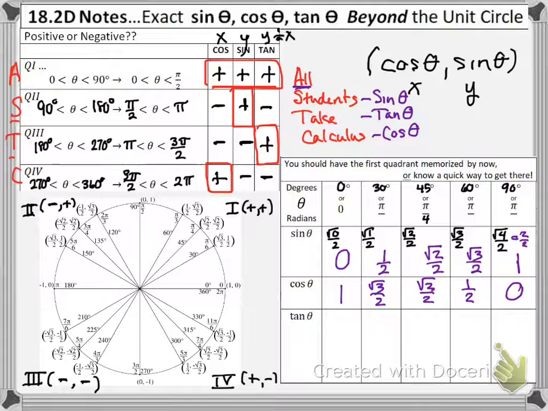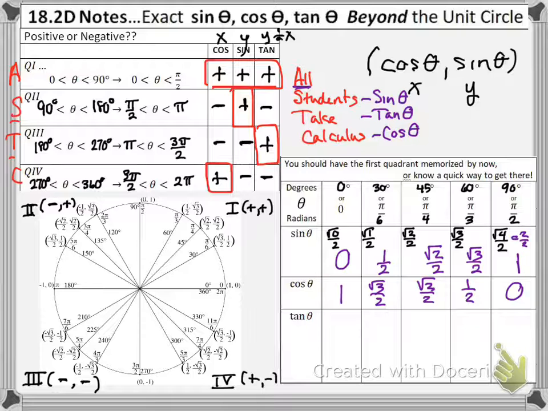I remember the 4 with a 4. 30 degrees gets a 6 on the bottom. 60 degrees gets a 3 on the bottom. My denominators are going 6, 4, 3. Next one's 2. And it always goes around the circle with the denominators in that order.